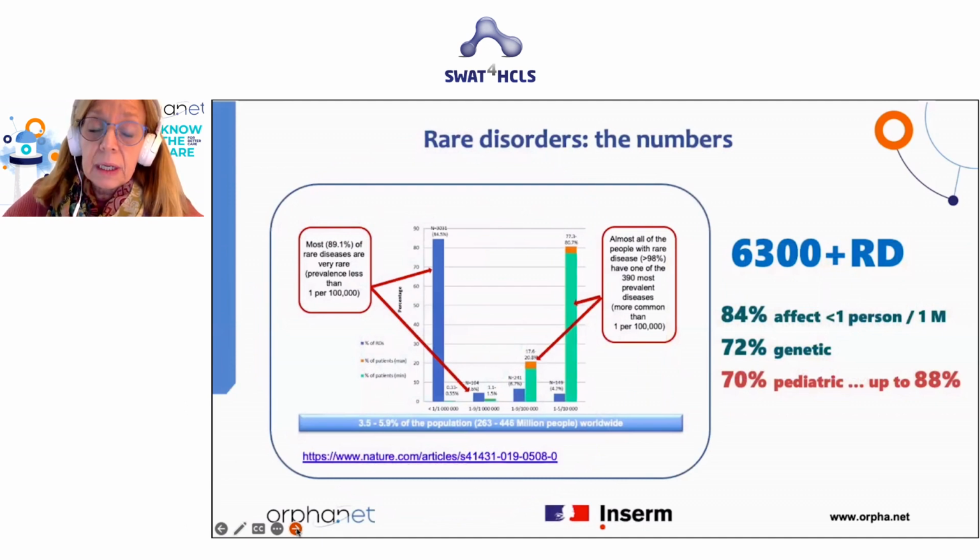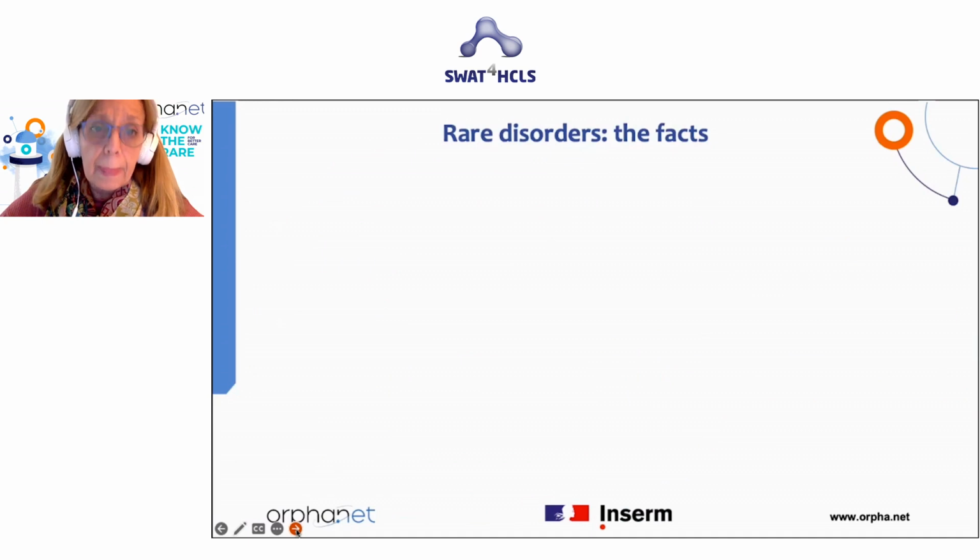Because sometimes, because they're monogenic, maybe we can have a gene therapy for them and solve few patients really, but very impacted ones. So that is the challenge of rare diseases, which is very unique in the field of medicine.